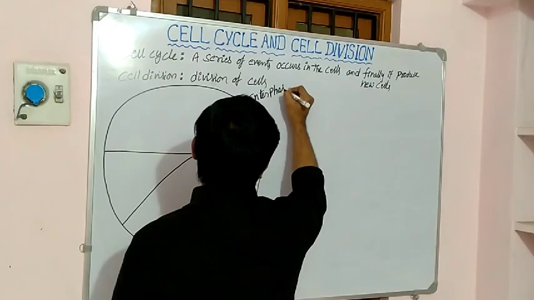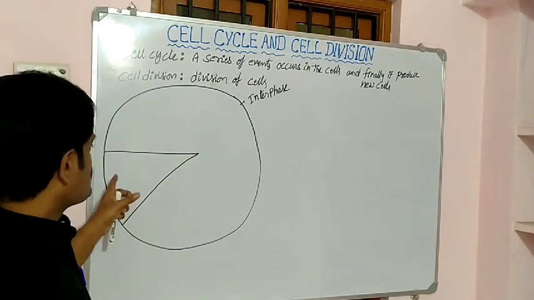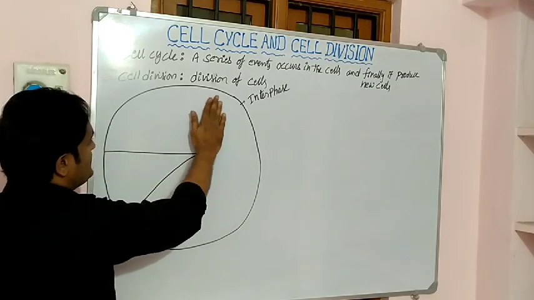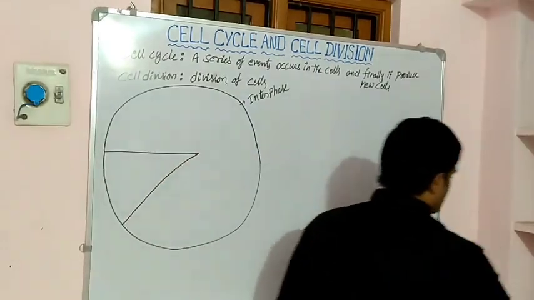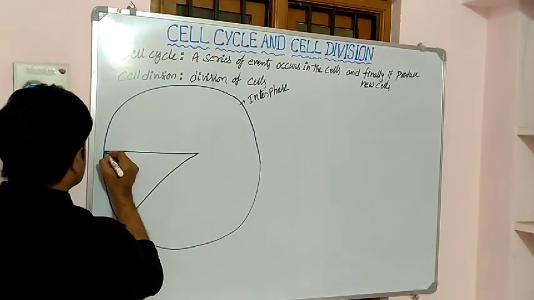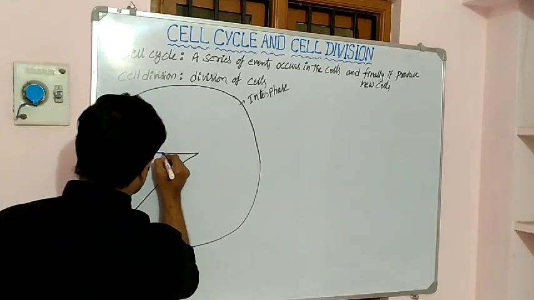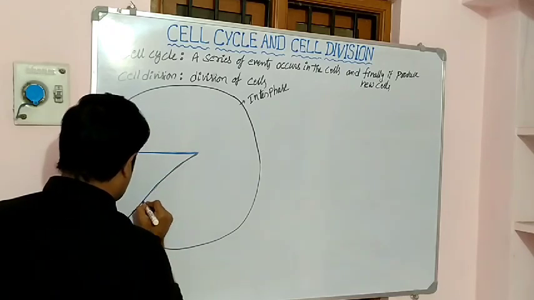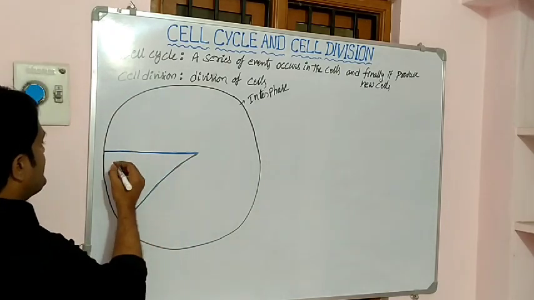The next phase, this small portion of the cell, denotes the M phase.